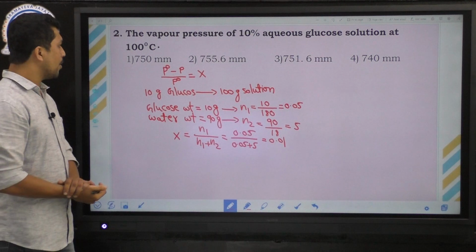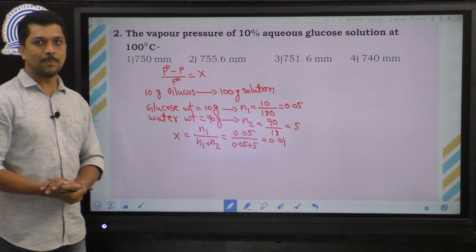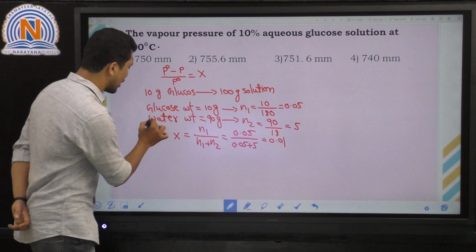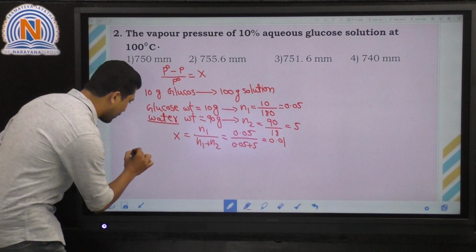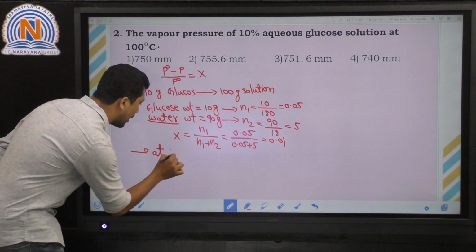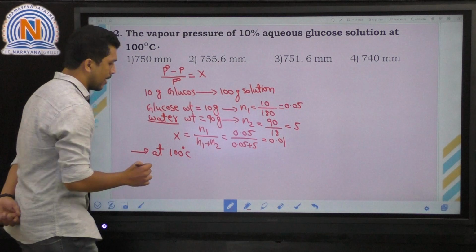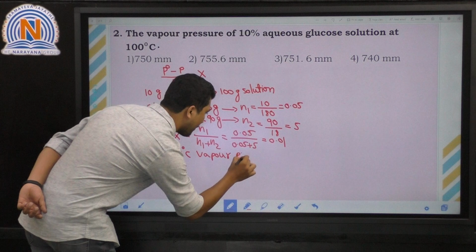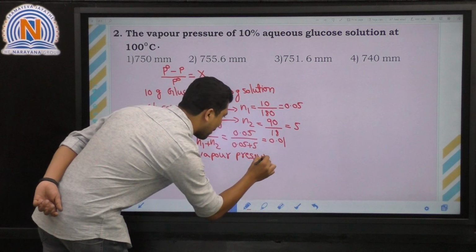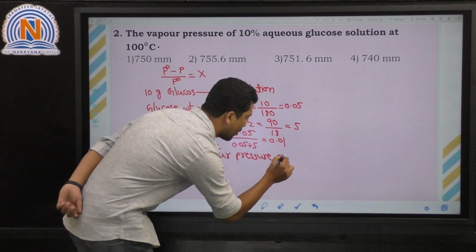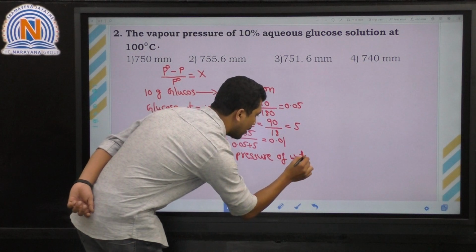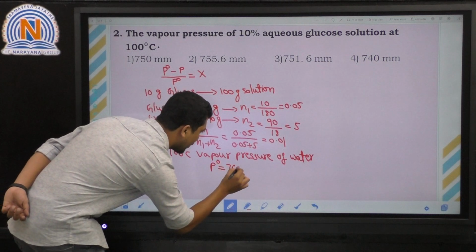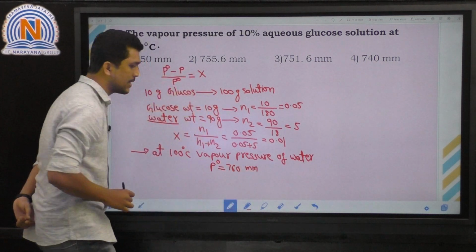Now we don't know P0, the pure solvent vapor pressure. Here the solvent is water, so at 100 degrees centigrade the vapor pressure of water, P0, equals 760 millimeters.